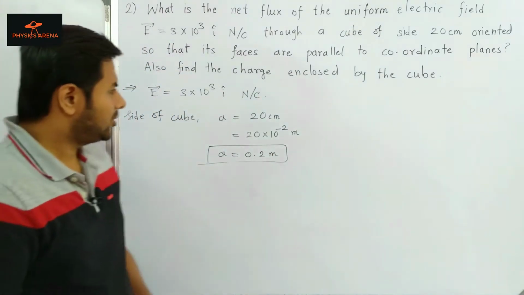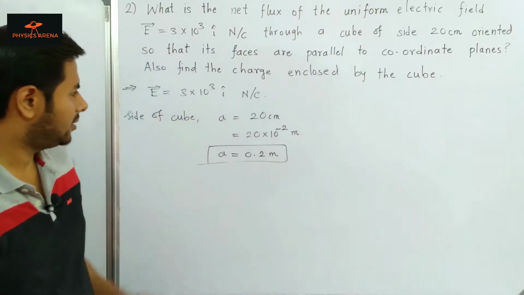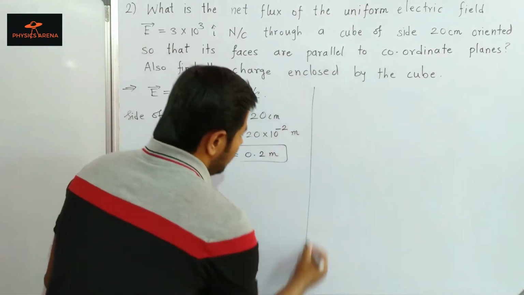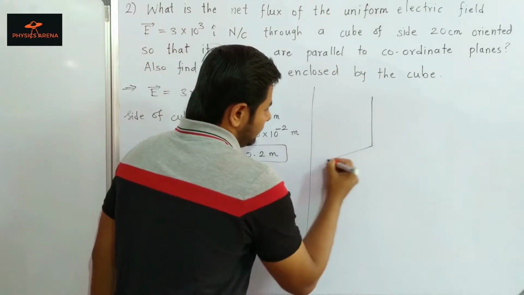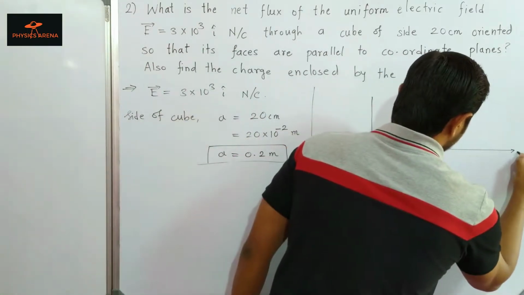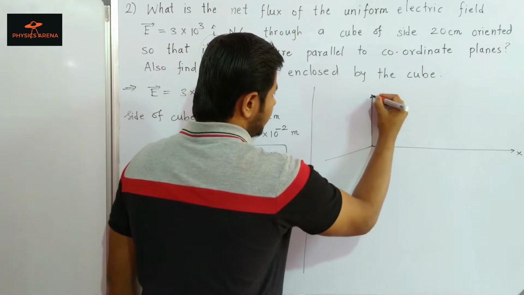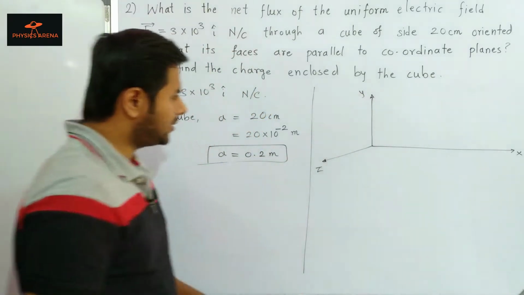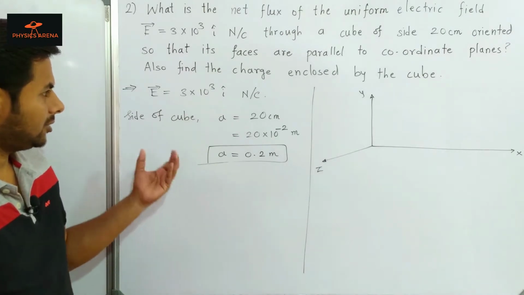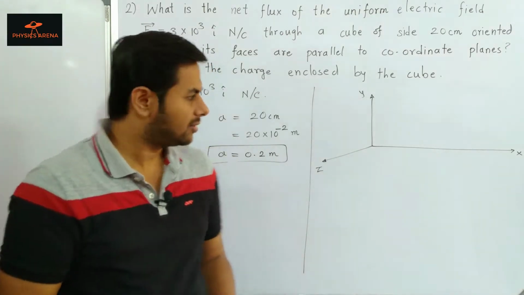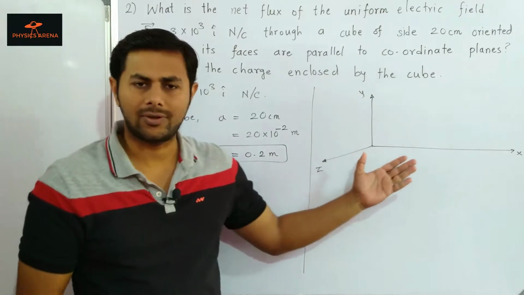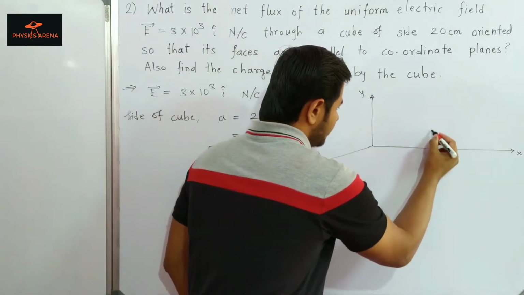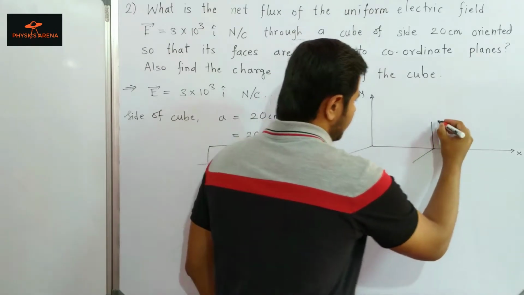Now let us try to visualize this electric field and the cube. So this is our coordinate system, x, y and z coordinates. Now this cube is kept in such a way that its faces are parallel to coordinate planes. That means we have to keep it something like this.